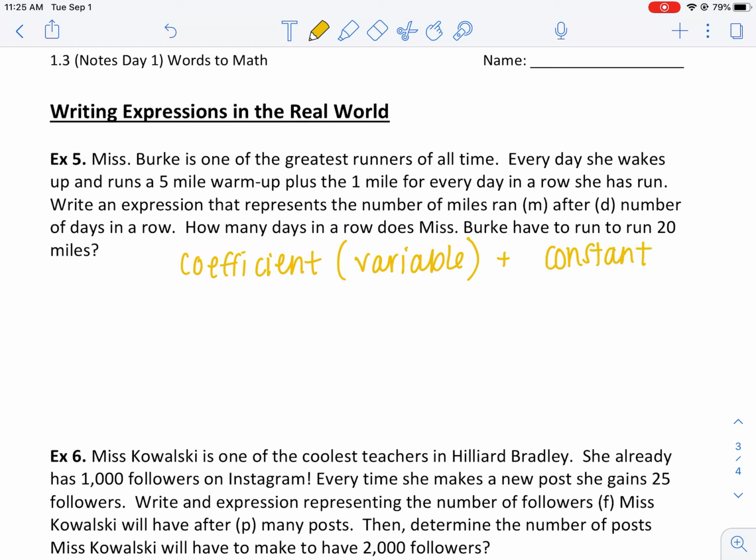Let's think. If I run a 5-mile warm-up plus 1 mile for every day in a row that I have run, is that 5-mile warm-up going to change the next day, or is the 1 mile for every day I ran going to be different? Let's think.